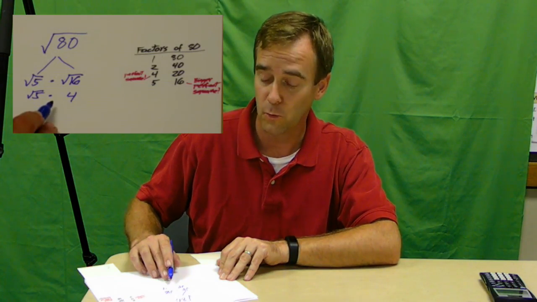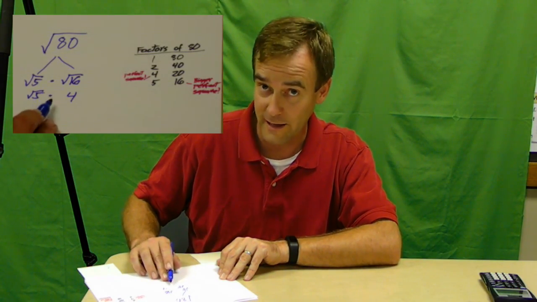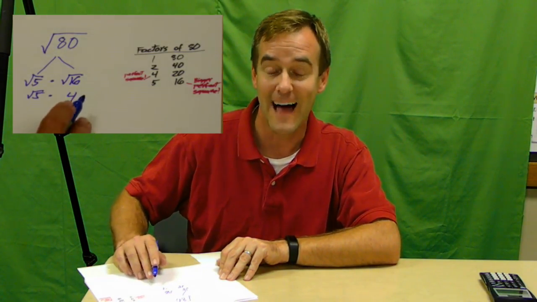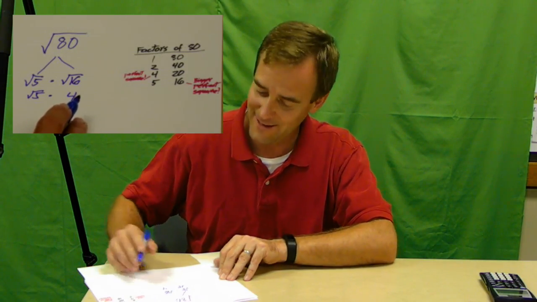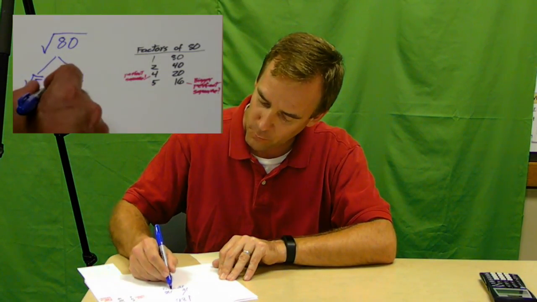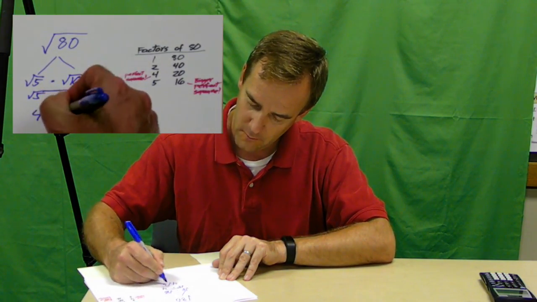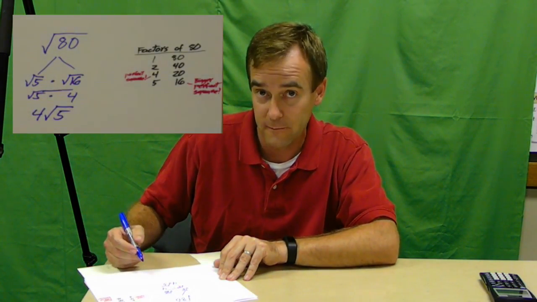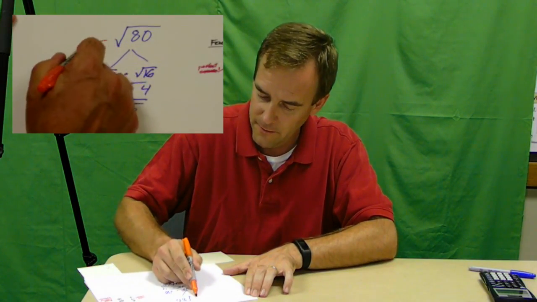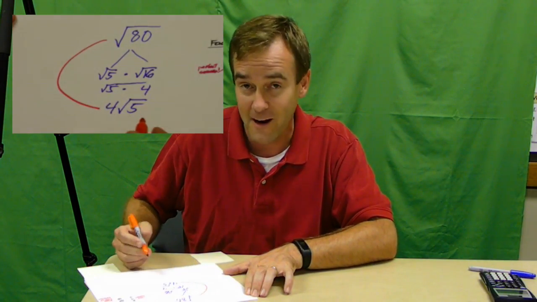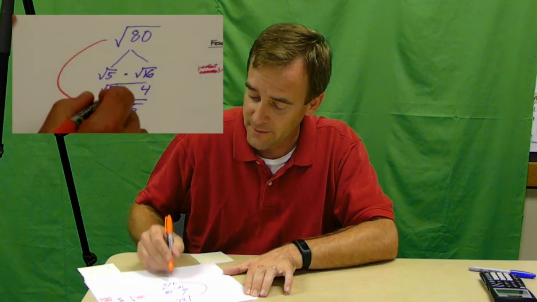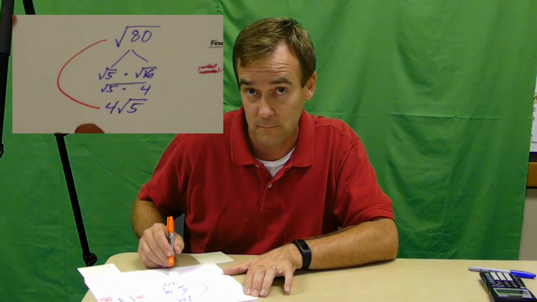And note, when you write a term with a radical in it, write the radical last. That keeps us from accidentally sliding anything underneath the radical symbol that doesn't belong there. So this one would become 4 square roots of 5. Believe it or not, these really are the very same thing, but this one is simpler.